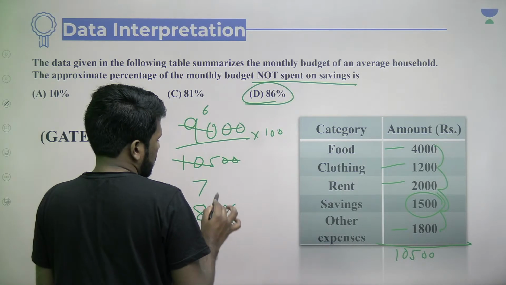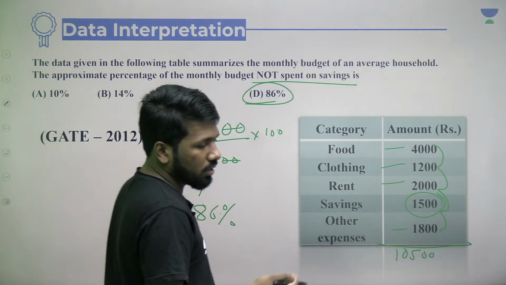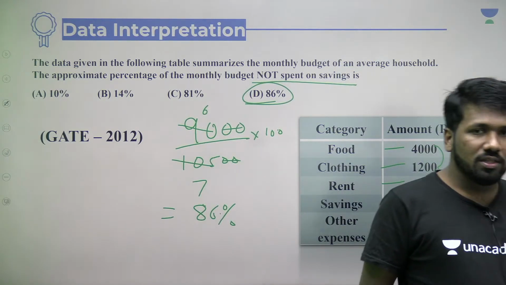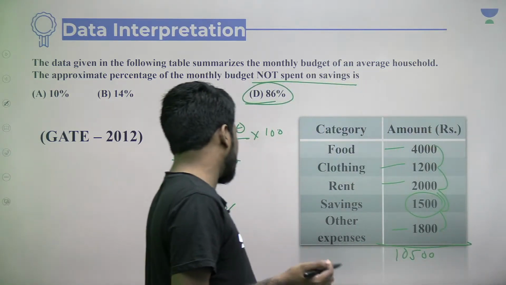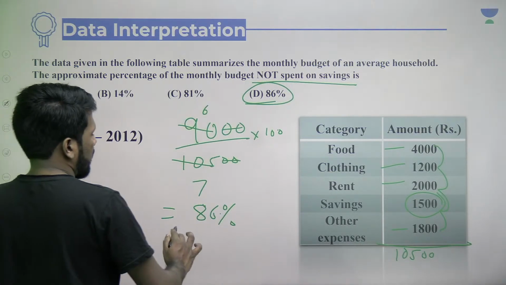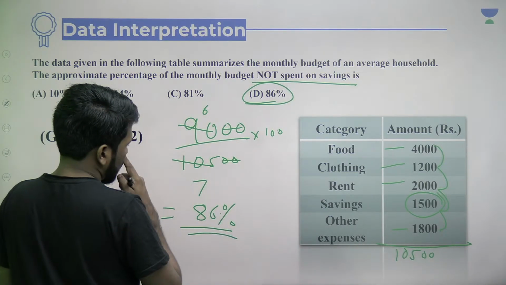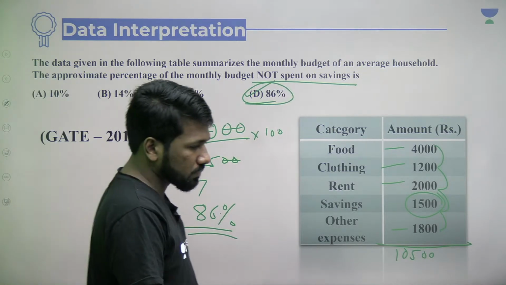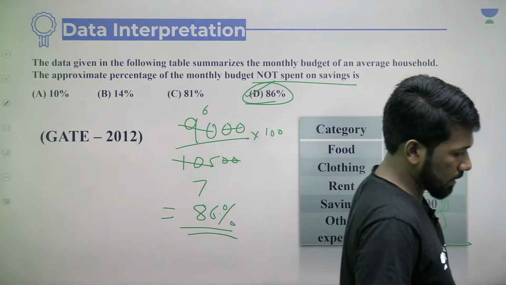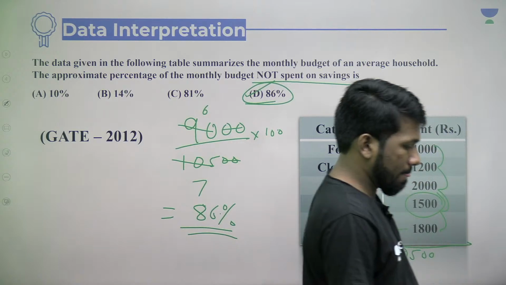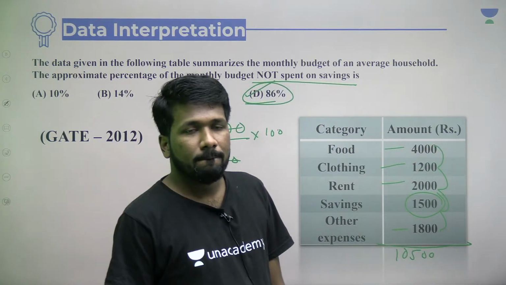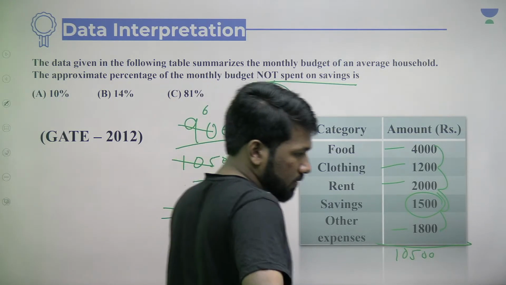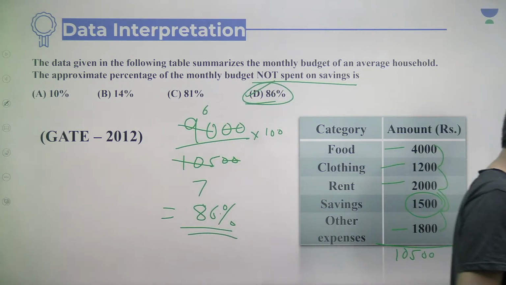In mental math, if you learn the connection between fraction and percentage, that will help you do this final calculation faster. Did you all understand this much? How option D is the correct answer? If that is clear, let's go to the next question. If there is any doubt, please ask.